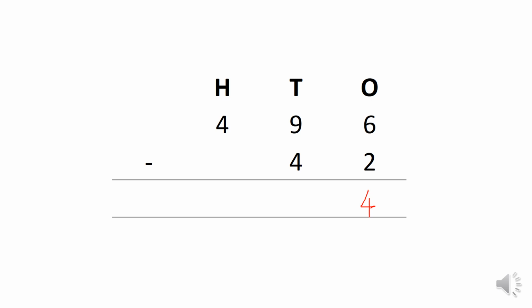I move across to the tens column. 9 tens take away 4 tens are 5 tens. Move to the hundreds. 400 take away nothing is 4. So my number is 454.